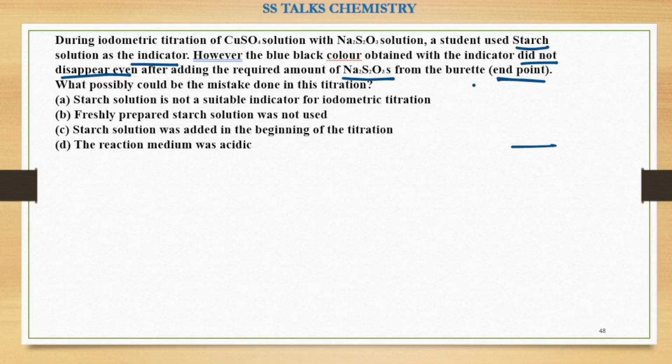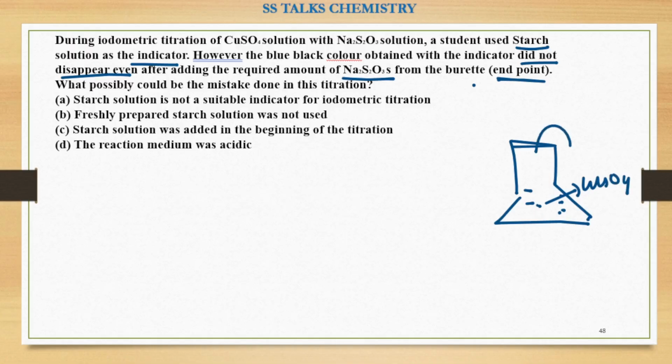So how do we perform it? Here you have a conical flask, and in this you have the copper sulfate solution, and along with this iodine is added, and from the burette we add the sodium thiosulfate, Na2S2O3.